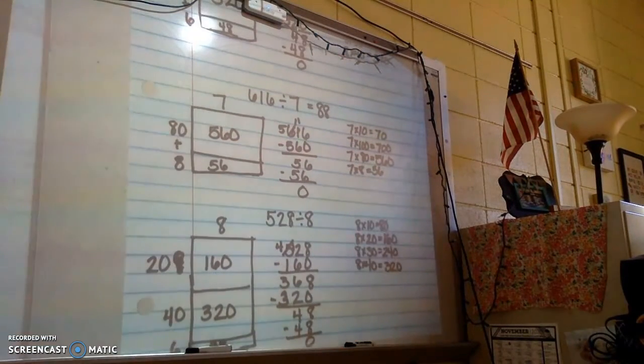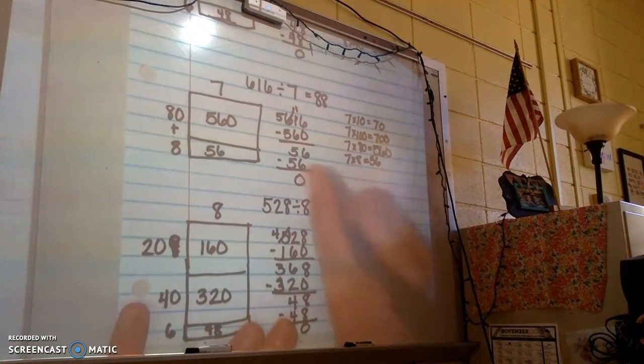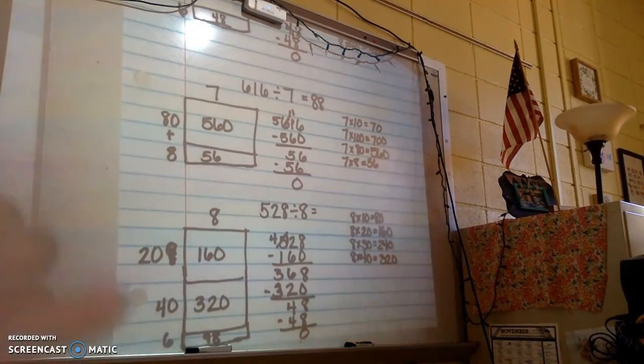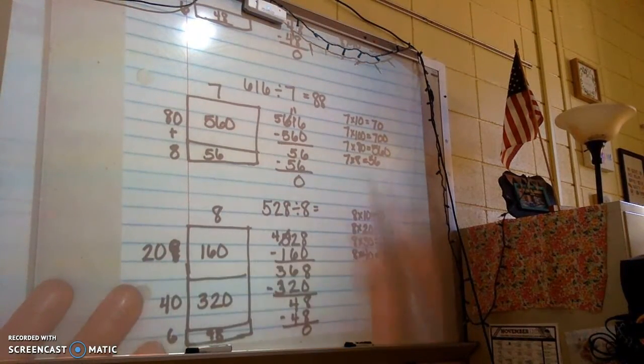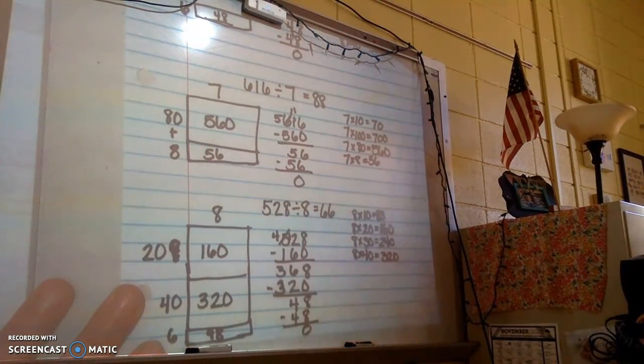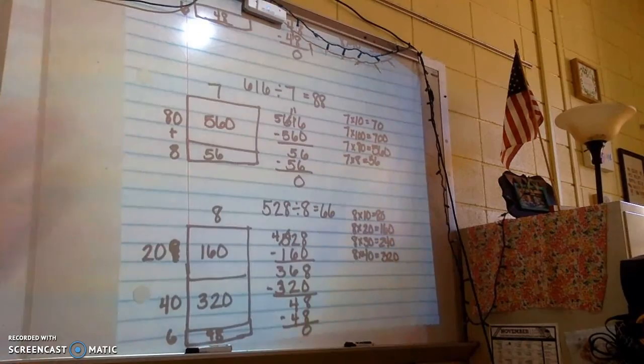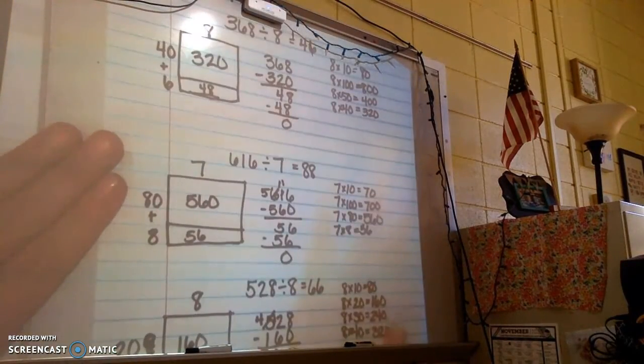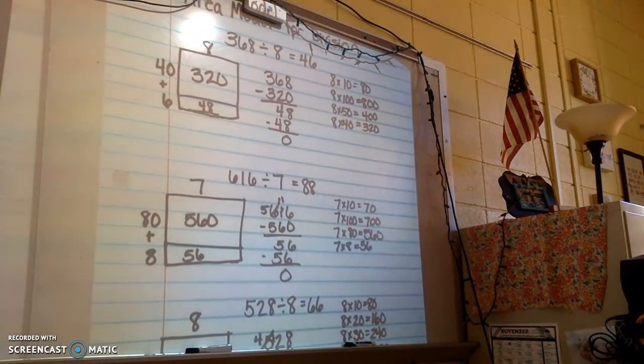And then I'm going to get 0 left over at the bottom. So when I add all my products out here, 20 plus 40 plus 6, that's going to give me 66 as an answer.